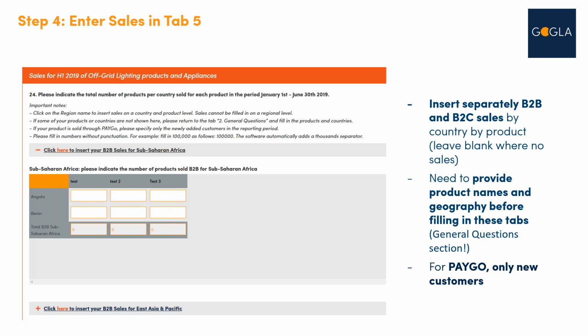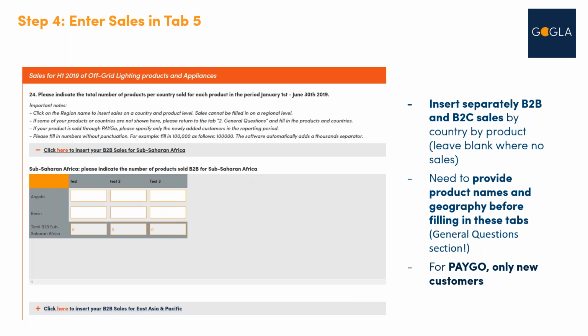So those are appearing here, categorized per region, with a separation between B2B and B2C. So I indicated I have B2B sales in Sub-Saharan Africa, and I indicated B2B for both products. So they both appear here as B2B.